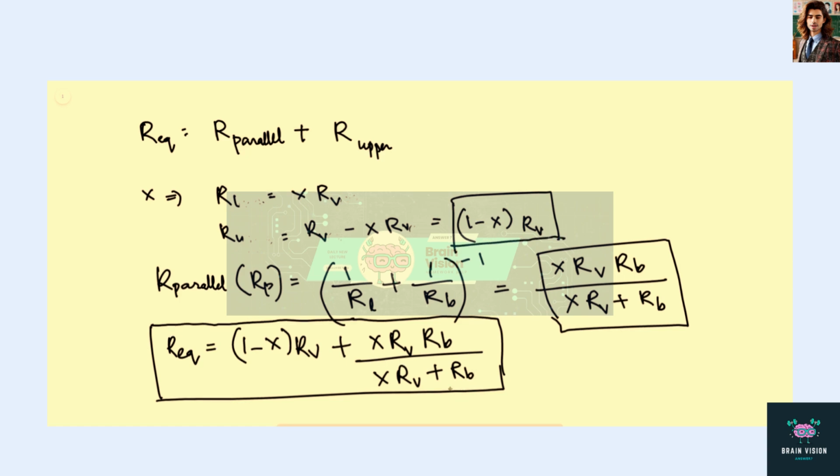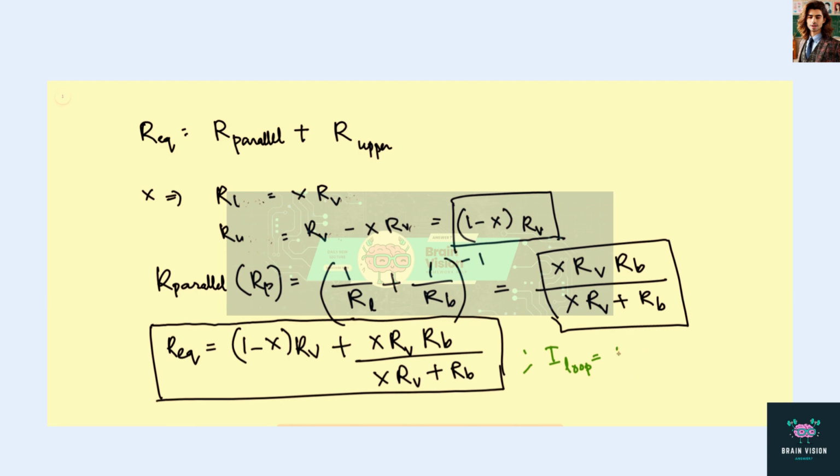So now we need to know what our current will look like. Now that we have the equivalent resistance, the current of the loop, let's call that I loop. We can't call this I_L because we already have a subscript L for lower.